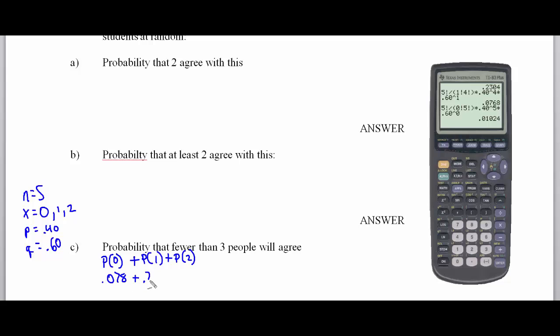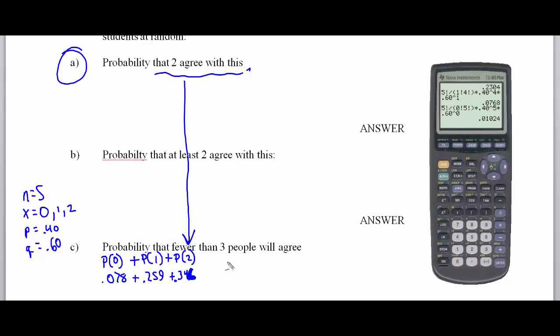This is going to be about 25.9%, and this is going to be 34.6%, or sorry, the decimal, since I'm using decimals here and not percentages. Because this A right here, the 2 agree with us, that's just used down here.